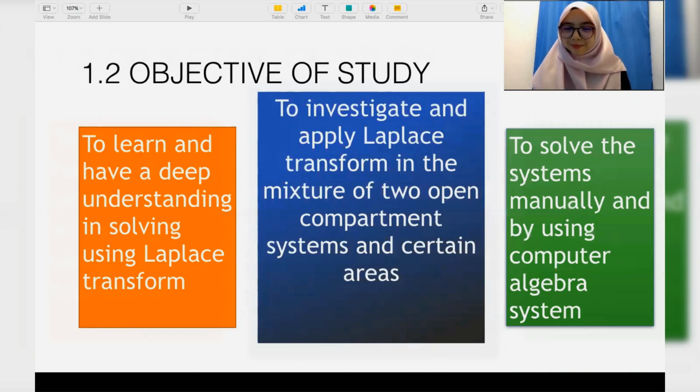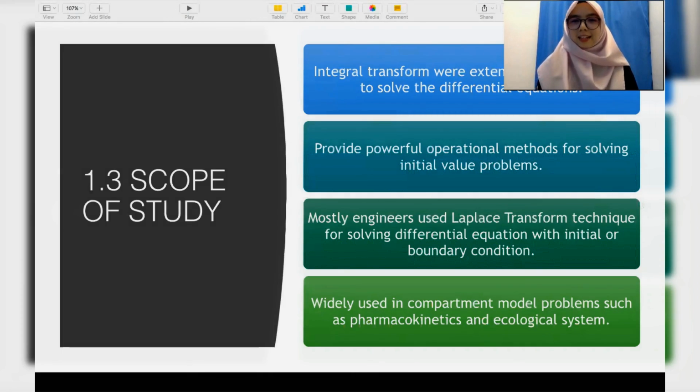thing for us. So the scope of the study is integral transform were extensively used in order to solve the differential equations. It is also used to provide powerful operational methods for solving initial value problems.